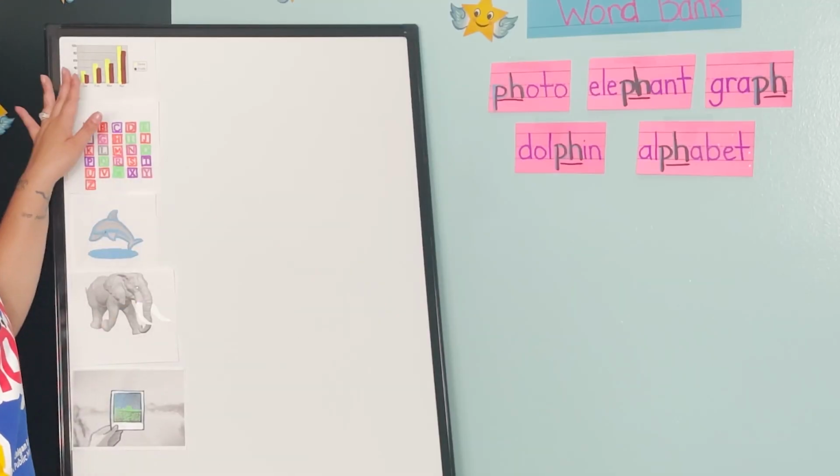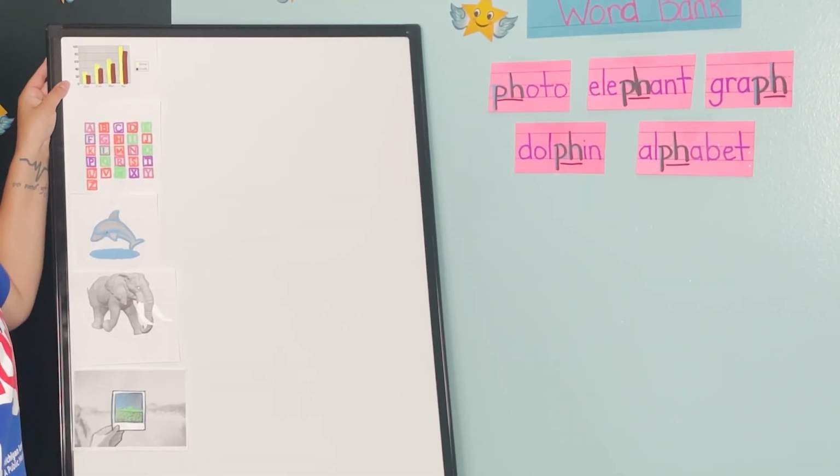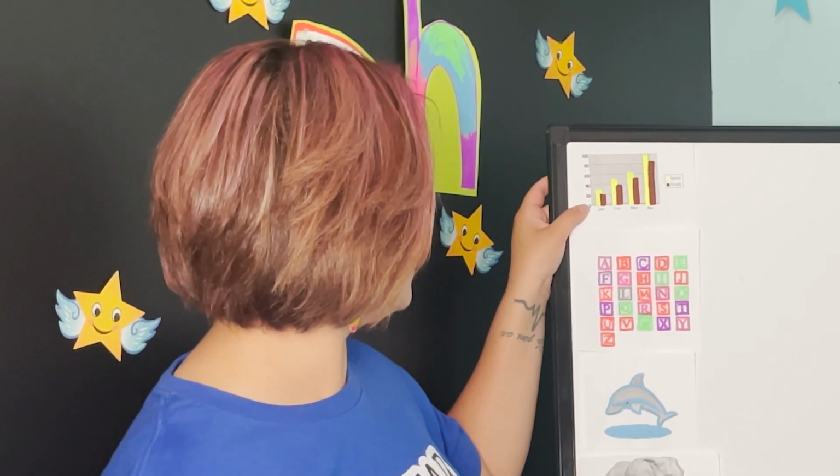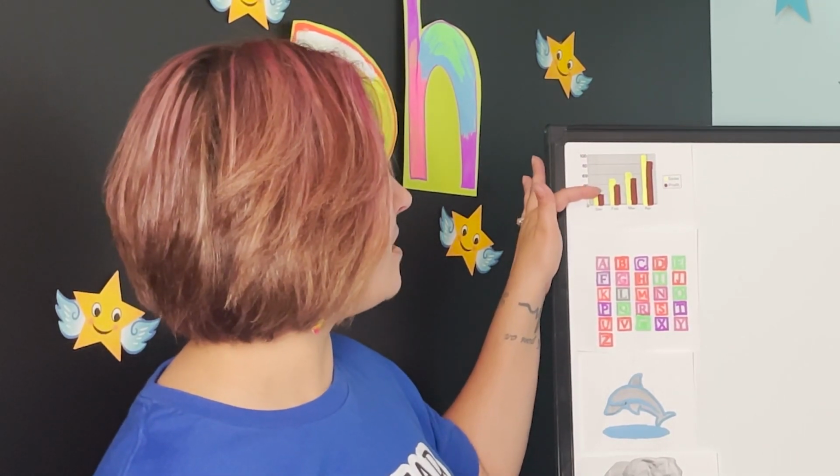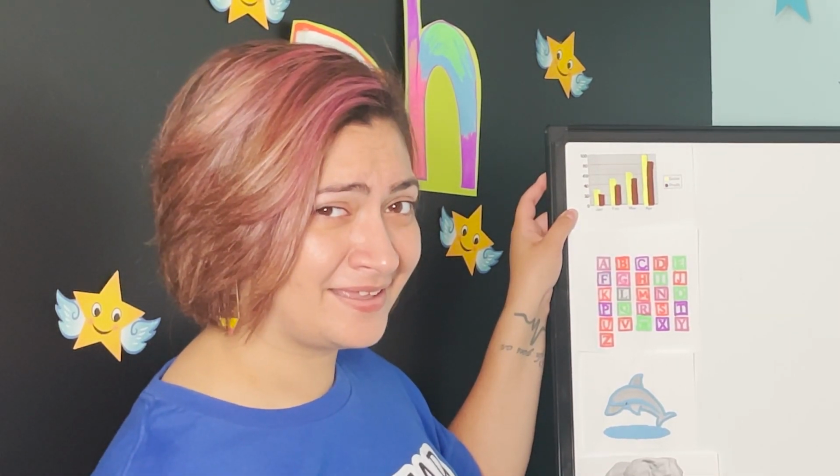So, here's our first picture. Do you remember all those words we read? I see some months of the year. I see some numbers, and I see some bars. This is known as a graph.